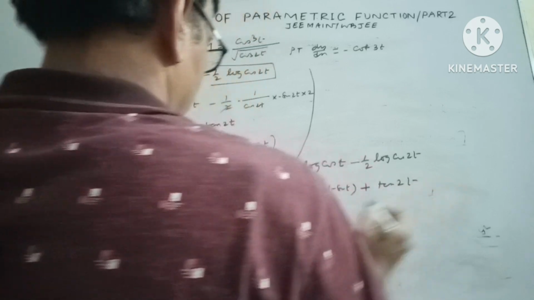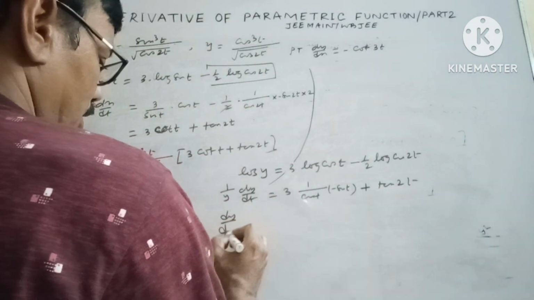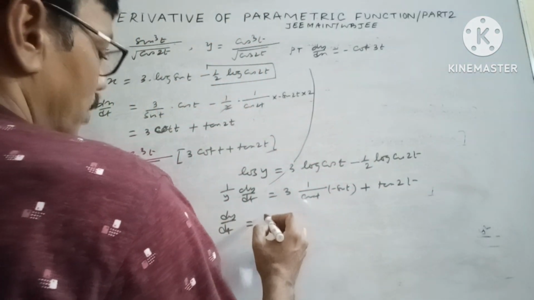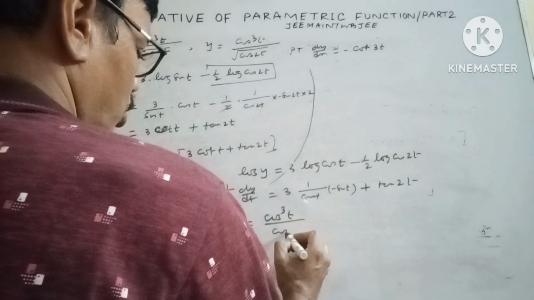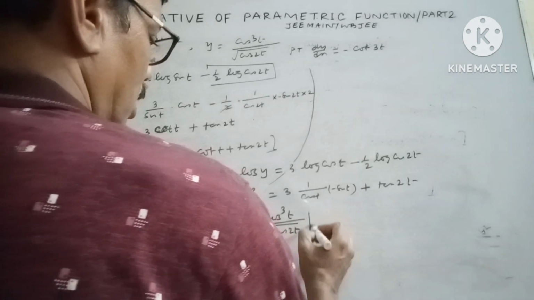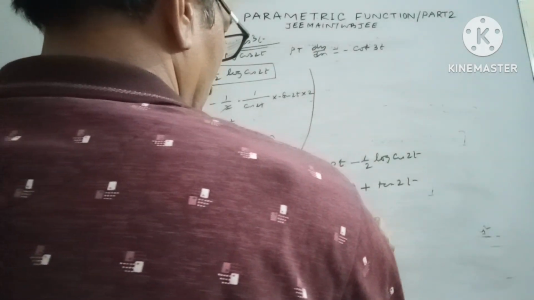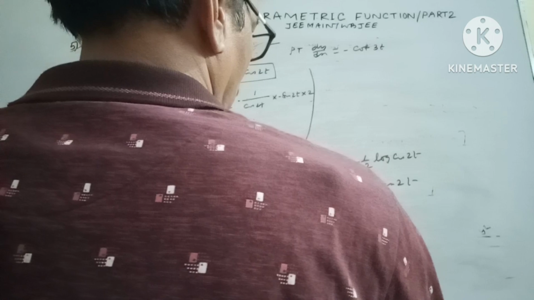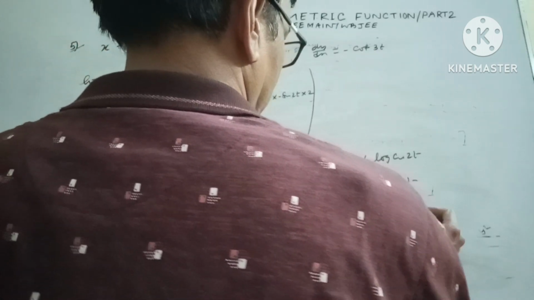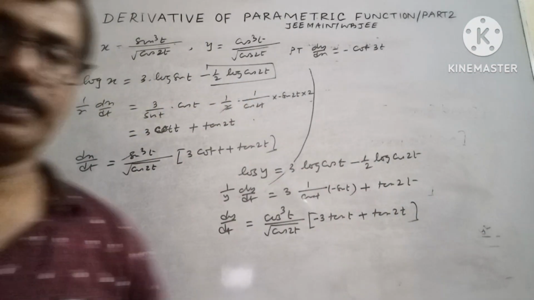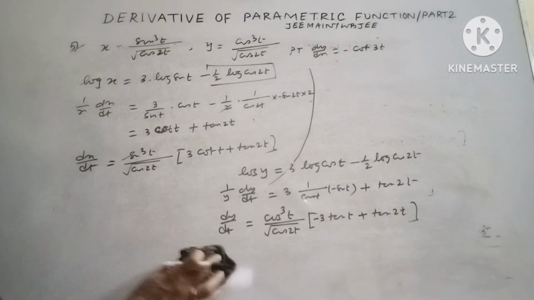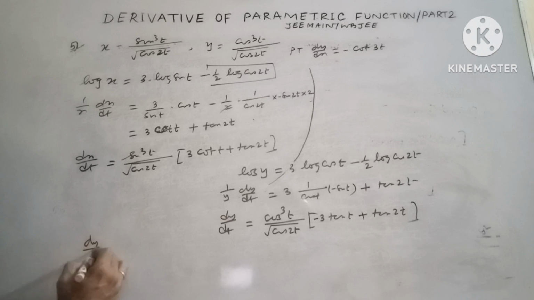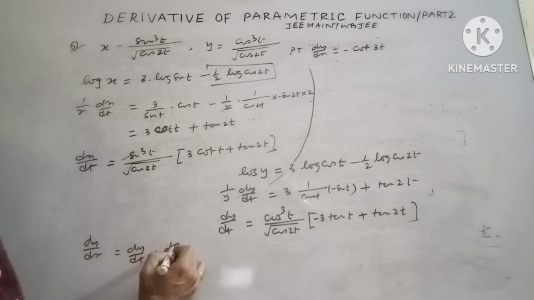So this is tan 2t. So what is dy by dt? y into, y means cos cube t by root over cos 2t, so 3 tan t with negative plus tan 2t. Now use the chain rule. So what is dy by dx? dy by dt into dt by dx.